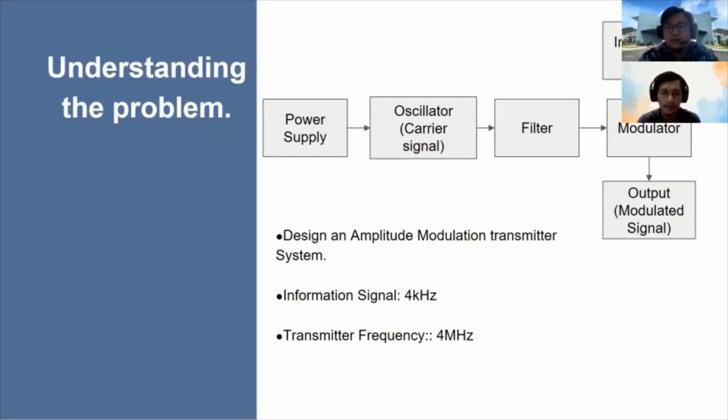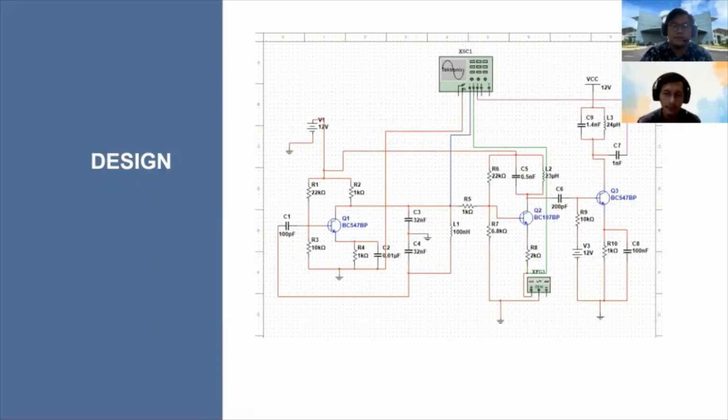As we can see in our block diagram, we send our information signal towards the modulator, and we want to have an output, which is the modulated signal, of 4 megahertz. We are using a function generator to transmit our signal through the information signal. And next, we're going to talk about our design by Faris.